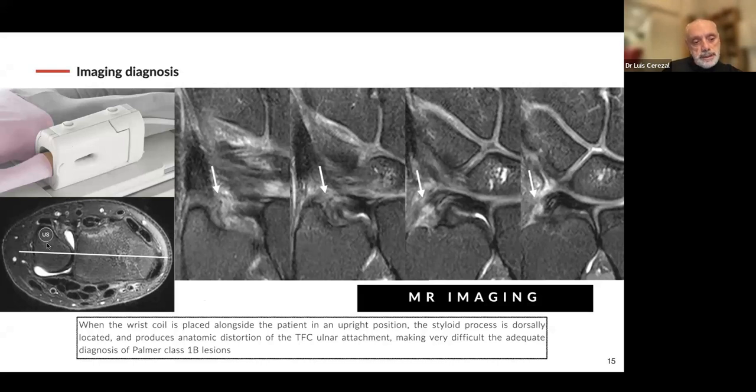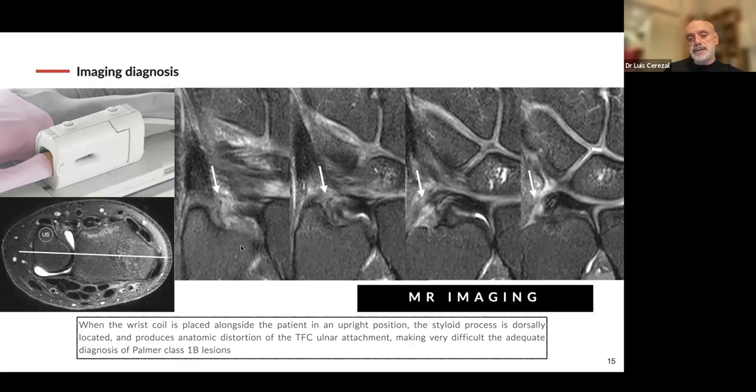In this position, the wrist is not in neutral position, it is in supination with the ulnar styloid dorsally located. The extensor carpi ulnaris is in a false subluxation, in a forced position, and the TFC is lax and very difficult to evaluate.